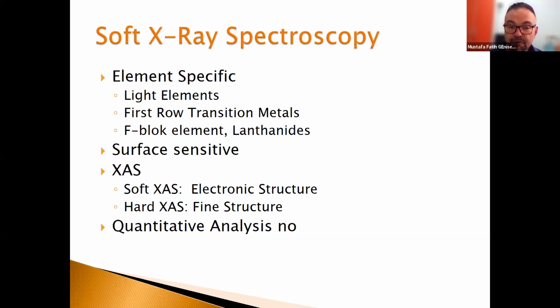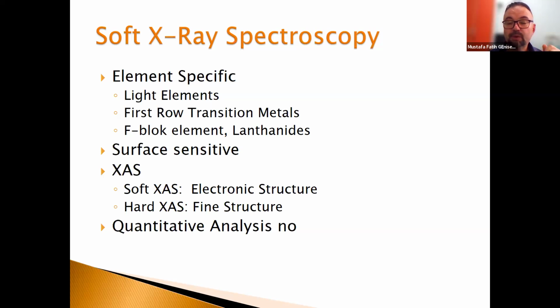And secondly, soft X-ray absorption spectroscopy is surface sensitive. As I mentioned with the previous schematic representation, the deepest data you can collect is 100 nanometers. And if you add XPS and total electron yield, we are really looking at most of the top layers of our material.